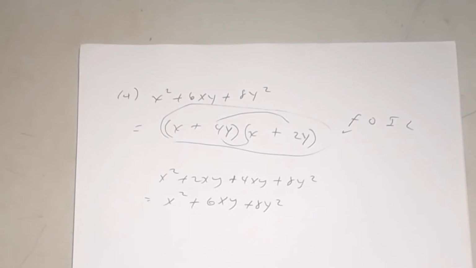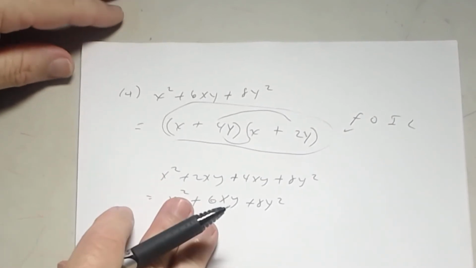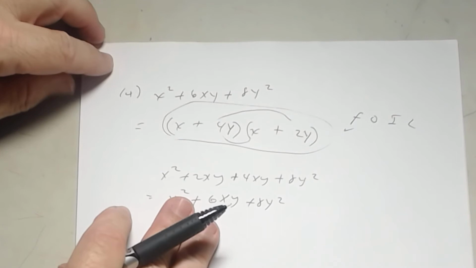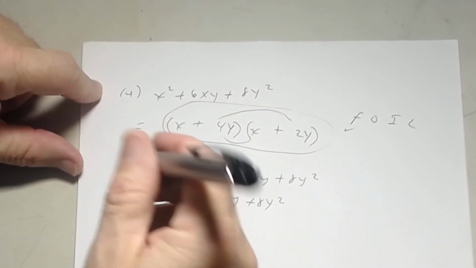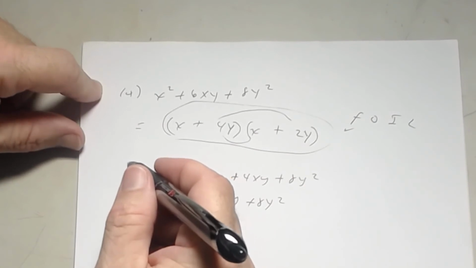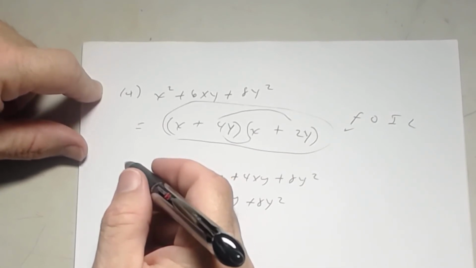All right, what about this one? Let's do one more. Okay, this was 14. Let's do 22.